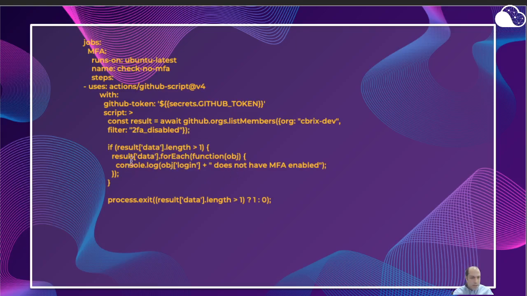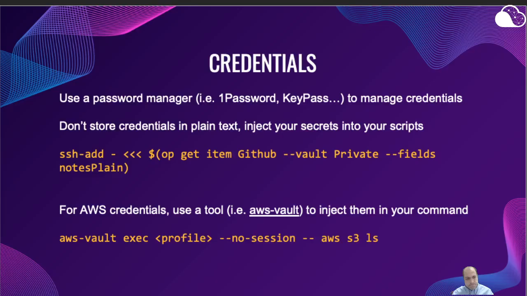And then based on the results, we're looping on the list of the users in order to print the users that don't have MFA enabled. And if we have some users, we will exit with 1. That will fail the whole job. We'll see that action at the end of the talk in practice.